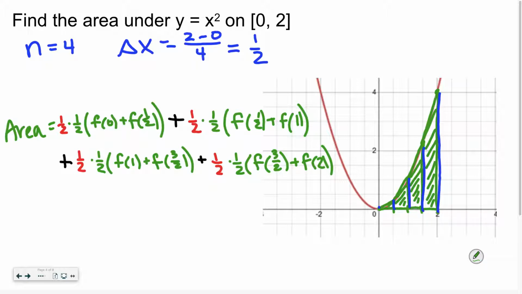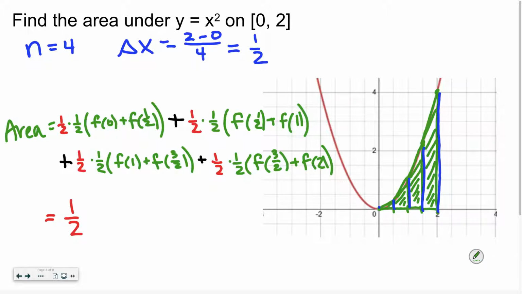Do you think that maybe there's a more efficient way to write this all out? I want you to understand where the formula comes from. Does every single one of those area formulas have a 1/2? Let's factor it out.